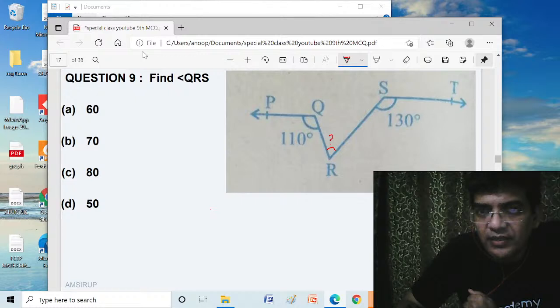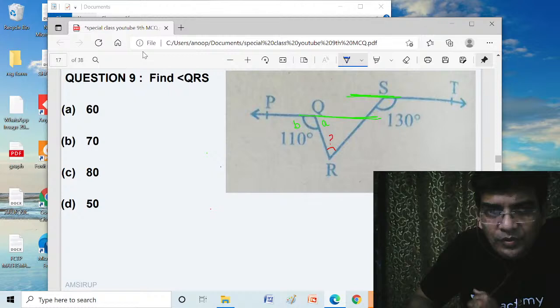Now when I extend this line over here, first of all I'm going to mark this angle as A. See, what can you say about A and 110? Now let this angle be marked as B. In the figure, what can you say about A and B? A and B are forming a linear pair.